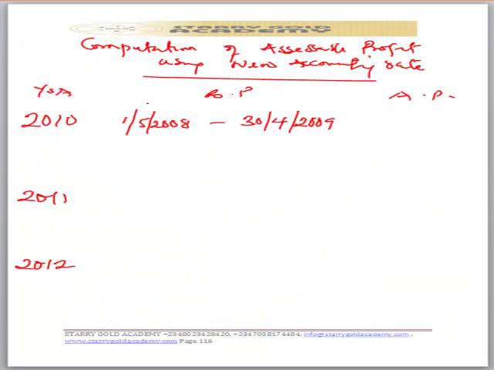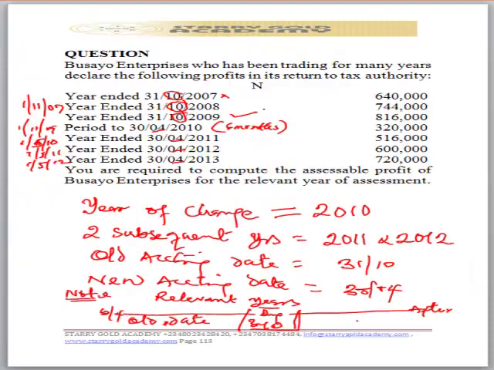I will pick 1/5/2008 to 31/10/2008. So May, June, July, August, September, October. That's 6 months. 6 months out of how many months and how much?